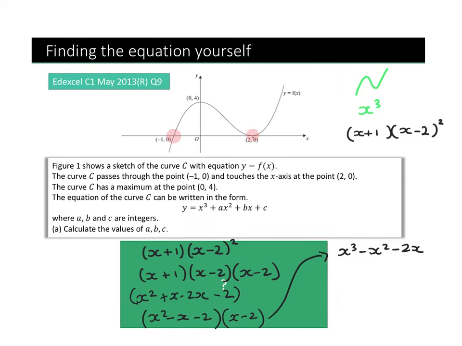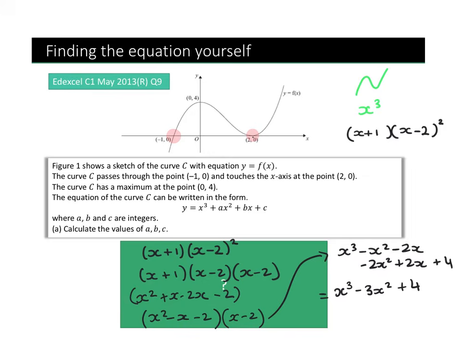I'm going to multiply everything by negative 2: negative 2x squared plus 2x plus 4. I'm going to simplify, so I'm going to get x cubed minus 3x squared plus 0x plus 4. So that is the actual answer.